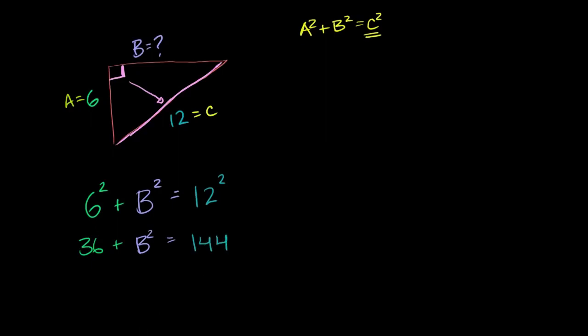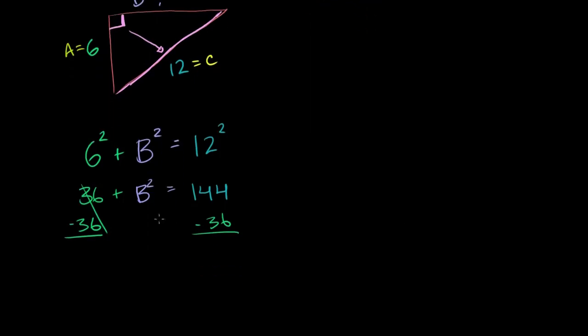Now we can subtract 36 from both sides of this equation. Subtract 36, those cancel out. On the left-hand side, we're left with just b squared is equal to, now 144 minus 36 is what? That is 144 minus 30 is 114.